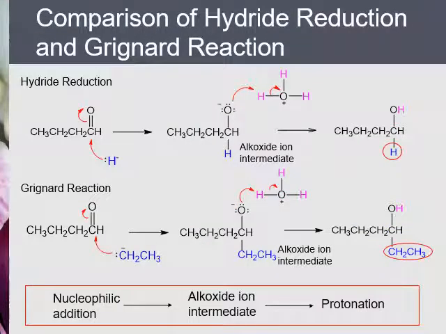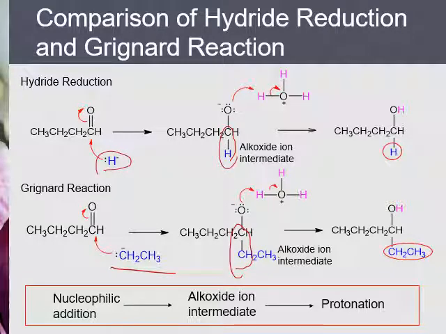This is a comparison of hydride reduction and Grignard reaction. Both follow two steps. In hydride reduction, the first step is the hydride attack, which forms an alkoxide intermediate with a carbon-hydrogen bond. In Grignard reaction, the carbanion attacks the carbonyl carbon and forms an alkoxide with a carbon-carbon bond.